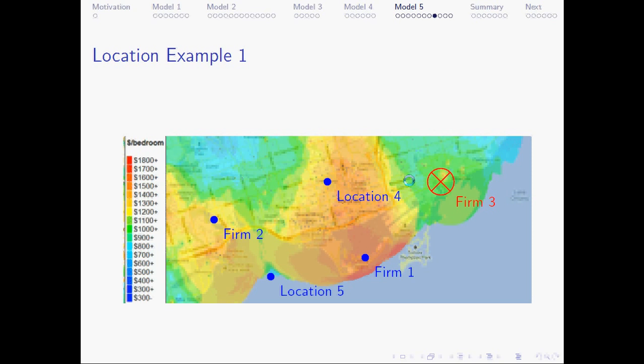So even if I get a bad signal, if I use Bayesian inference and think all the signals are of the same precision, then after Bayesian inference it's 2 to 1. There are two good signals and one bad signal, so I may still decide to locate here.